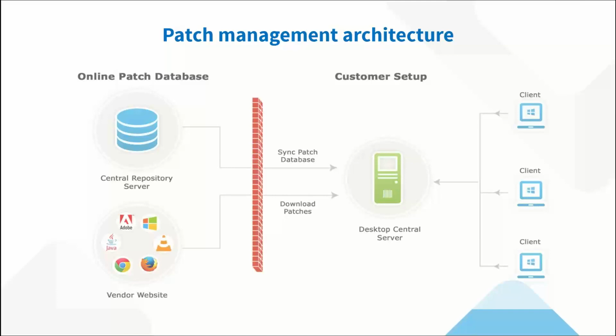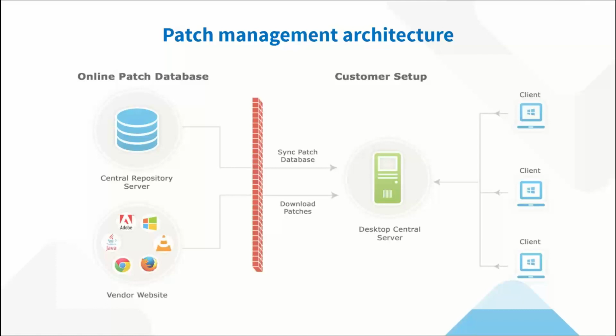Please be informed that we populate only the patch information like KB number, download URL, and the applicability logic of the patches which are released in Microsoft baseline for the current month. The Desktop Central server running in the customer's environment subscribes to the central patch repository periodically. And once the process is completed, the client machines will be scanned in order to identify the missing patches.